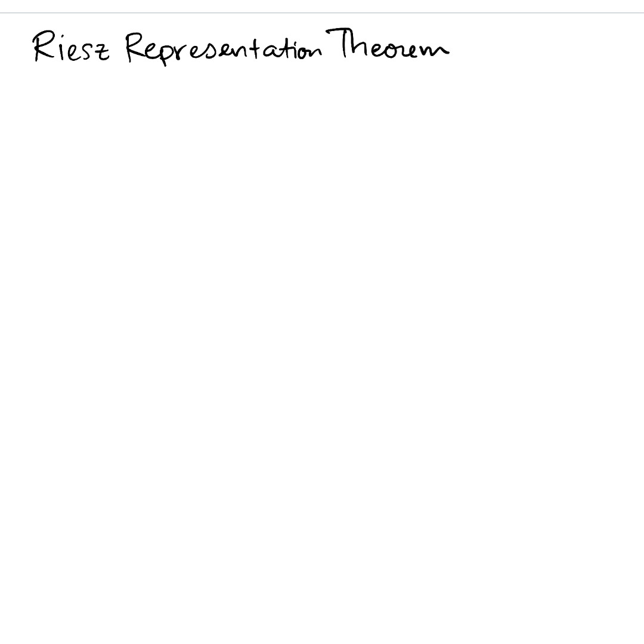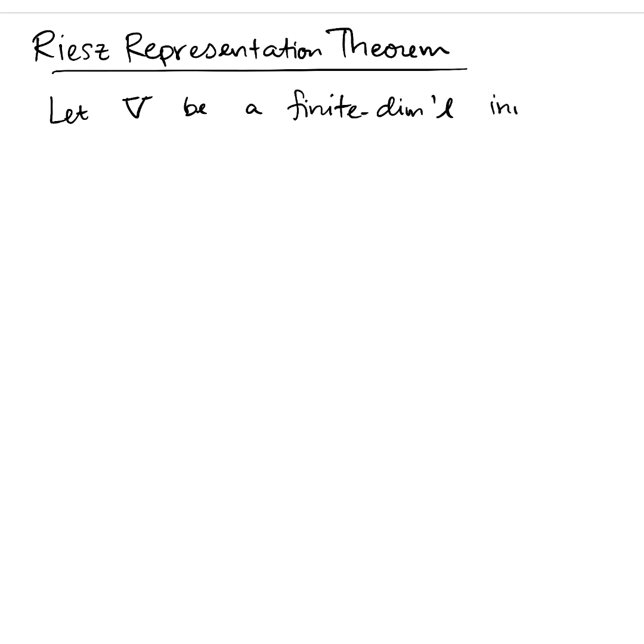Now, this is our version which applies to finite dimensional inner product spaces. The theorem is actually true in some greater generality, and we're going to need some additional machinery to state that greater generality, but at the moment, we certainly have this. Let V be a finite dimensional inner product space.